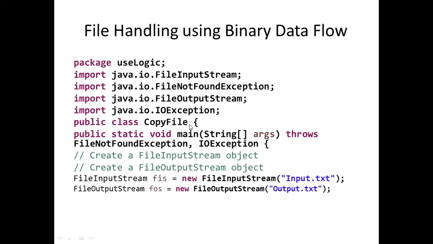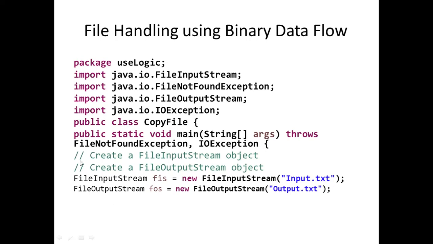It has the main method, and it has a throws clause. This throws clause says that there could be a possibility of FileNotFoundException, or there could be a possibility of IOException, which may occur within the statements given in the main method.